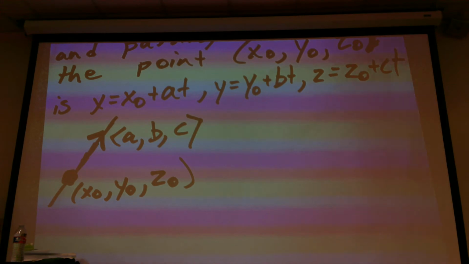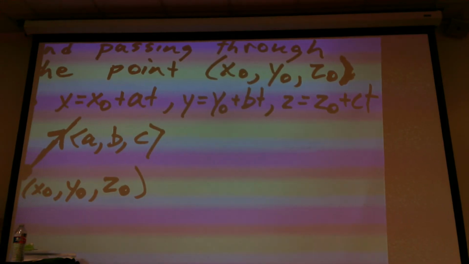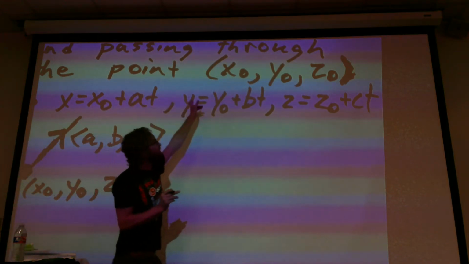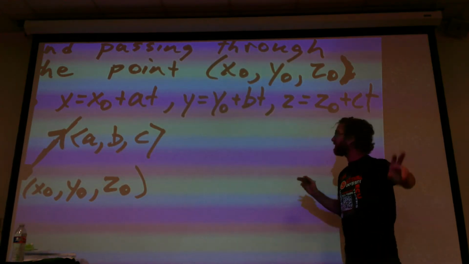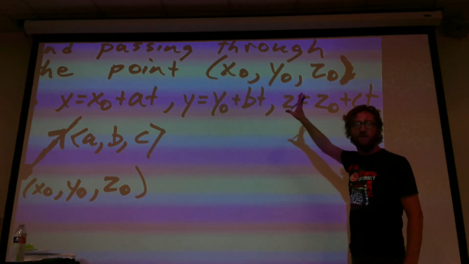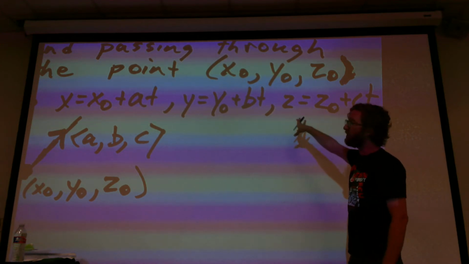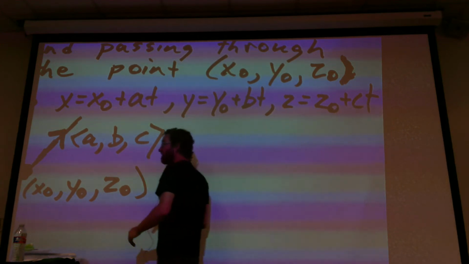Before I get to another problem, I did say that there's 2 ways to describe a line in space. This is the parametric equation, where we have 3 equations that describe the line. But there's another way to describe this. This is the parametric form. We also have a symmetric form.